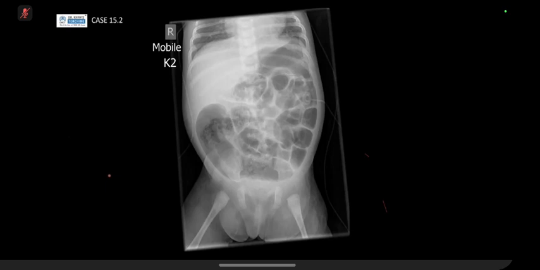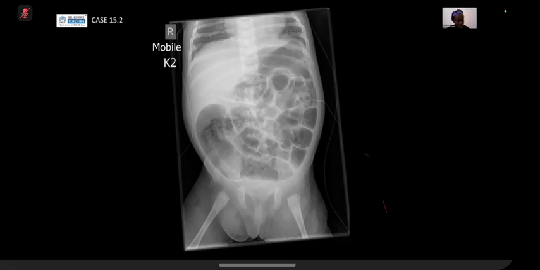I don't see any portal venous gas or intramural gas, not clear for me. So I think this is bowel obstruction for the young age. It could be necrotizing enterocolitis also. I don't see any pneumoperitoneum or perforation.